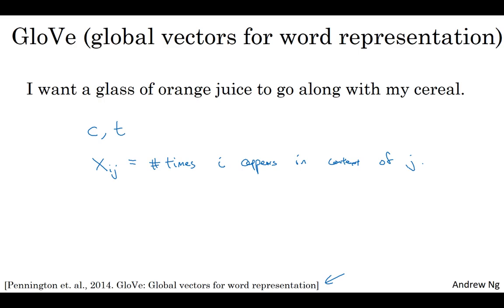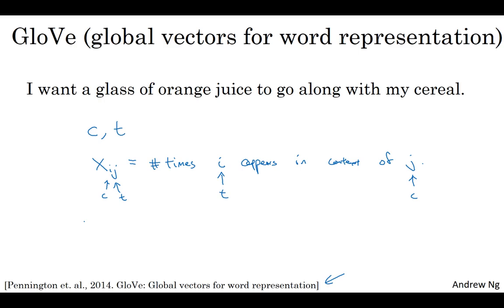Here i and j play the role of t and c. So you can think of X_ij as being X subscript tc, but you can go through your training set corpus and just count up how many times a word i appears in the context of a different word j. How many times does a word t appear in the context of a different word c?